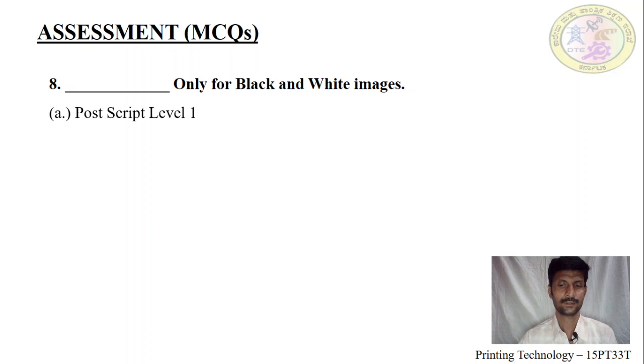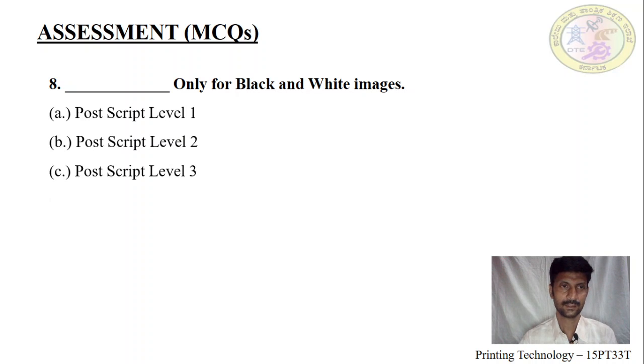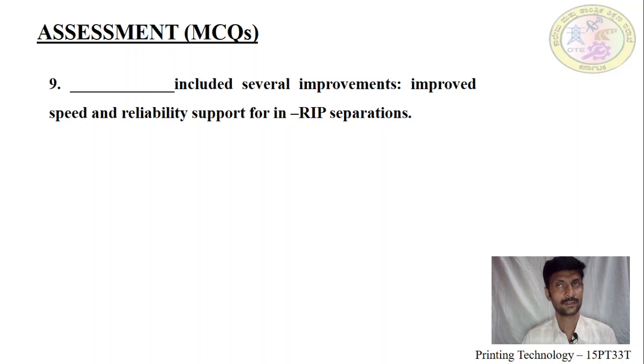Which are the levels? PostScript Level 1, PostScript Level 2, PostScript Level 3, PostScript Level 4. Dash supports only black and white images, which means Level 1, because it does not support text or color. Dash includes several improvements: improved speed, reliability, support for RIP separations.